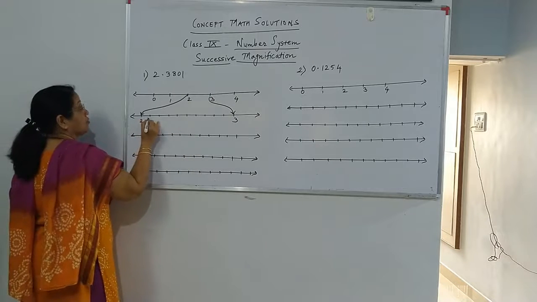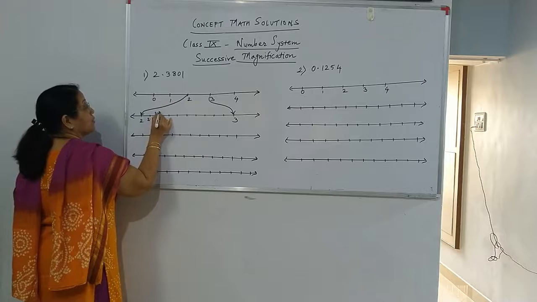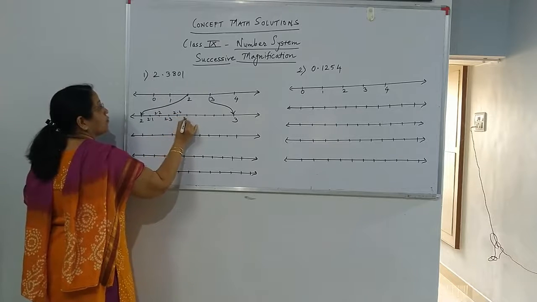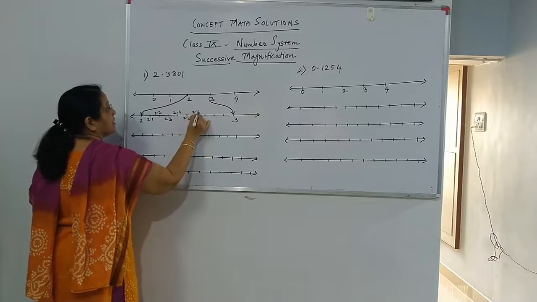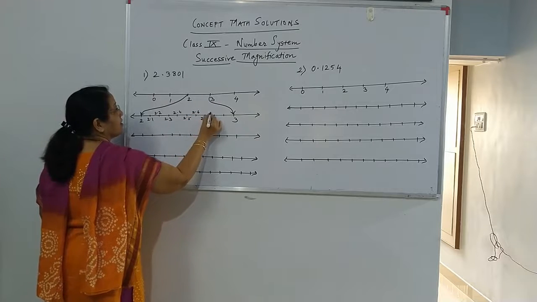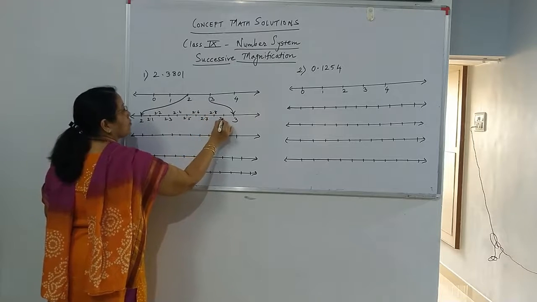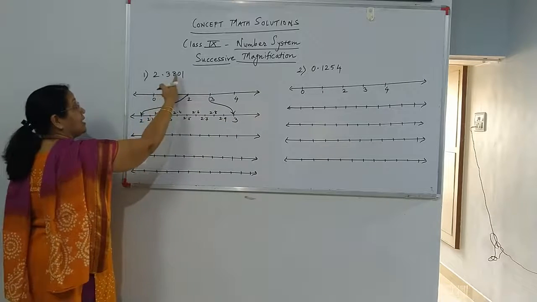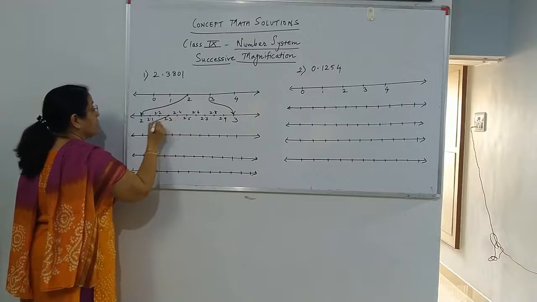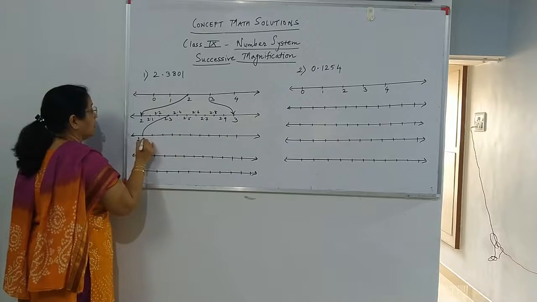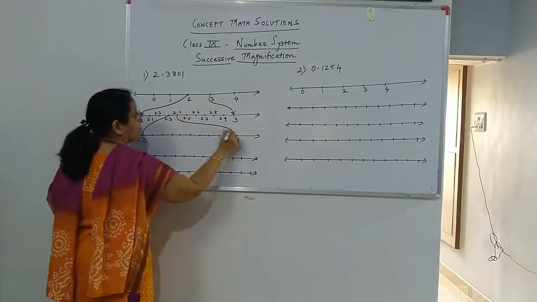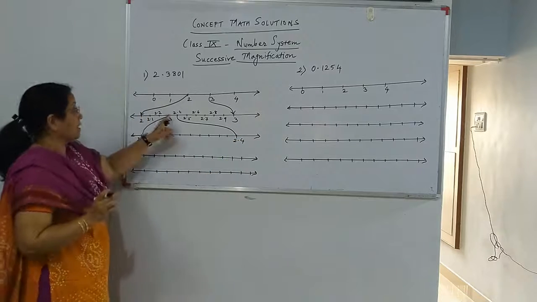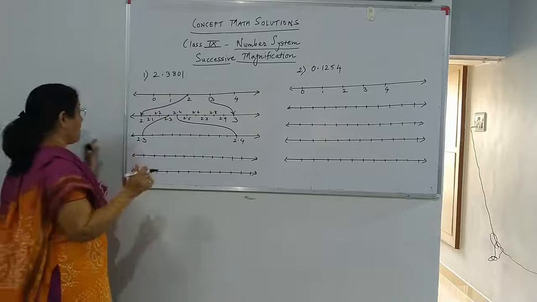Now this is 2, so this is 2.1, 2.2, 2.3, 2.4, 2.5, 2.6, 2.7, 2.8, 2.9 and then you have 3. Now this is 2.38, so it will be between 2.3 and 2.4. So I am taking the part between 2.3 and 2.4 and magnifying that.